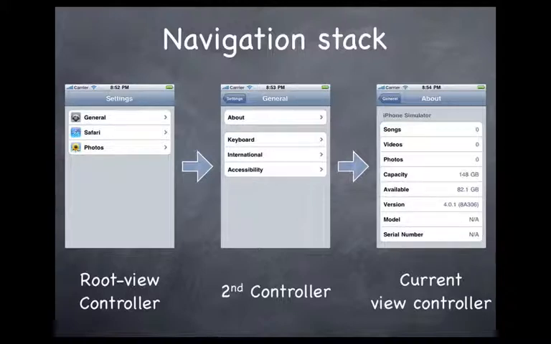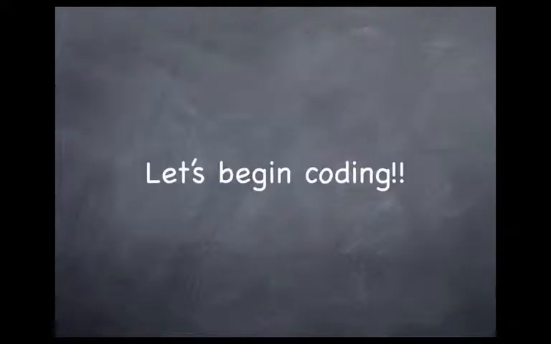And if I tap on About, it takes me to the About view controller. Right now, the About controller is on the top of the stack, the General controller is in the middle of the stack, and the root view controller always remains at the bottom of the stack. So that was a brief overview of the UI navigation controller.